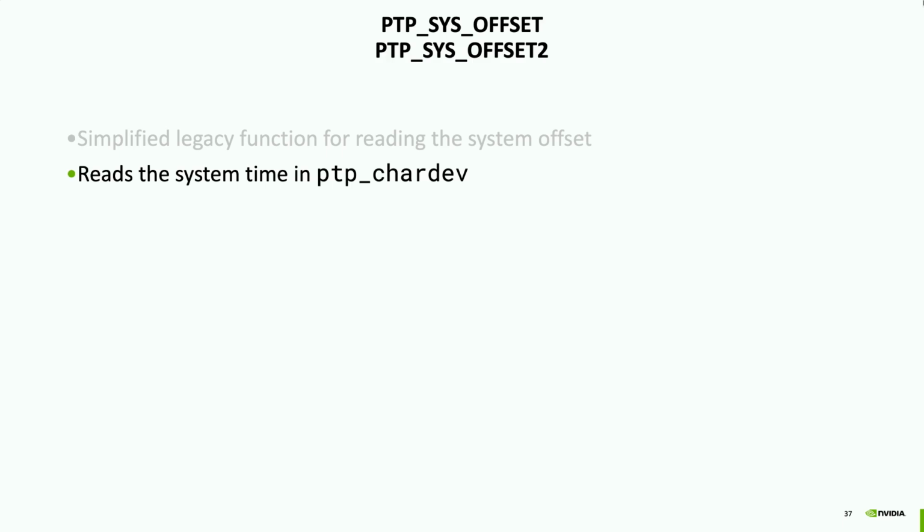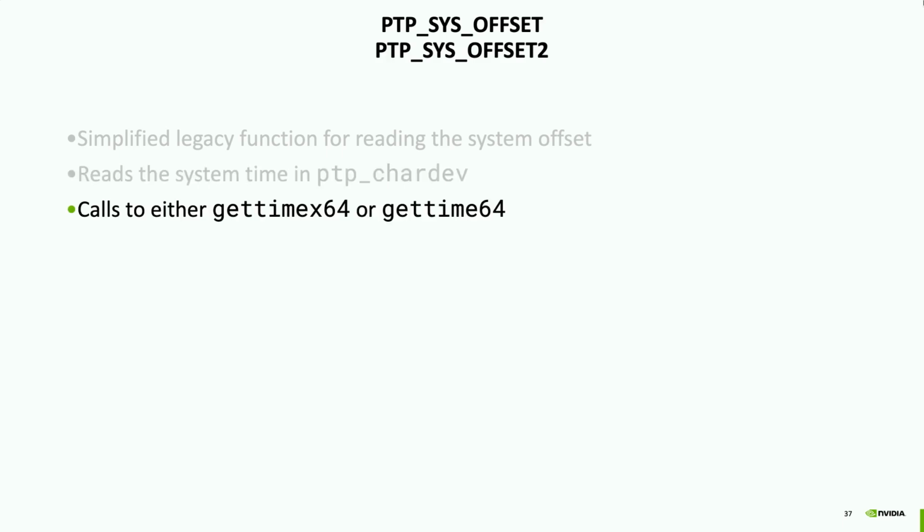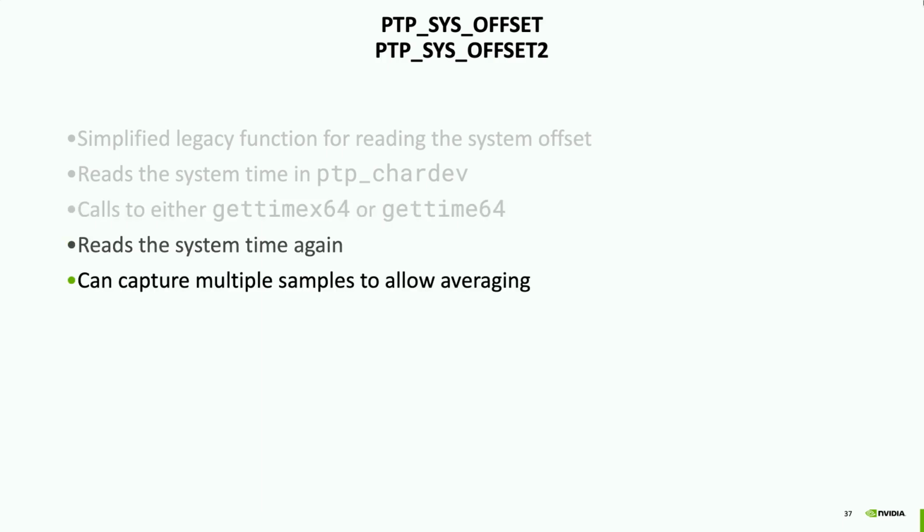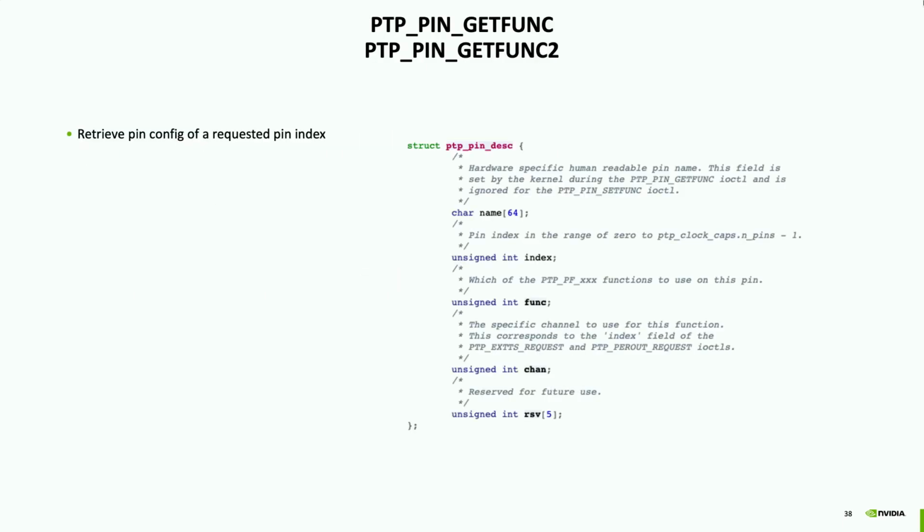It's the worst way because the offset between two captures will be much bigger. So this is mostly legacy. You shouldn't really try to implement this legacy way. Always try to implement the get time x64. And it also can capture multiple samples, just like the other function.